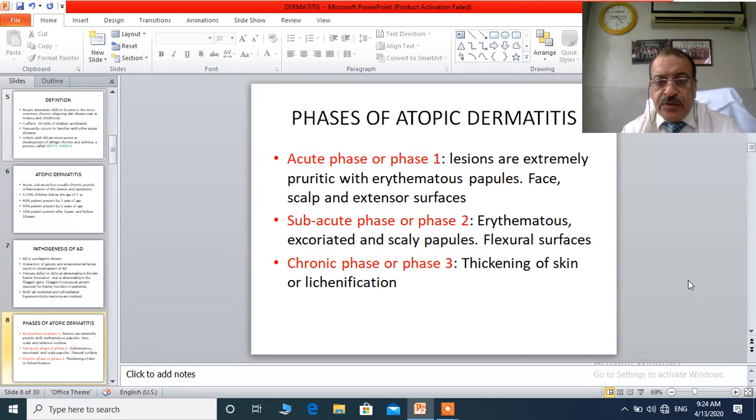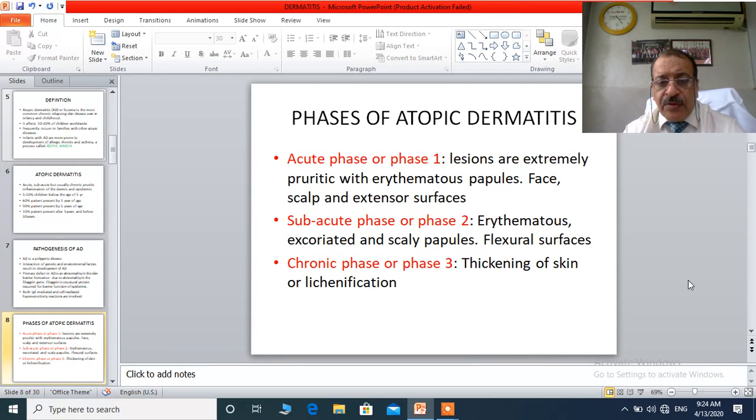The subacute phase, or phase 2, is characterized by erythematous, excoriated, and scaly papules, and they may affect the flexural surfaces like the popliteal fossa and the cubital fossa.